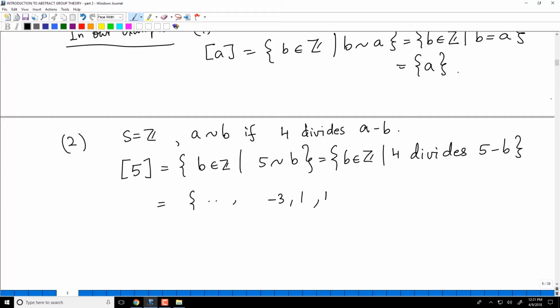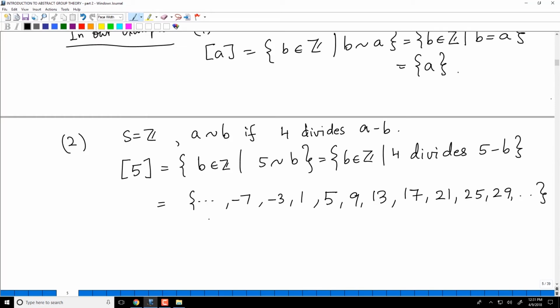Similarly, next will be 5, 9, 13, 17, 21, 25, 29. You see the pattern here, right? The previous element will be minus 7. They are all integers, starting with 1, you keep increasing by 4 and keep decreasing by 4.